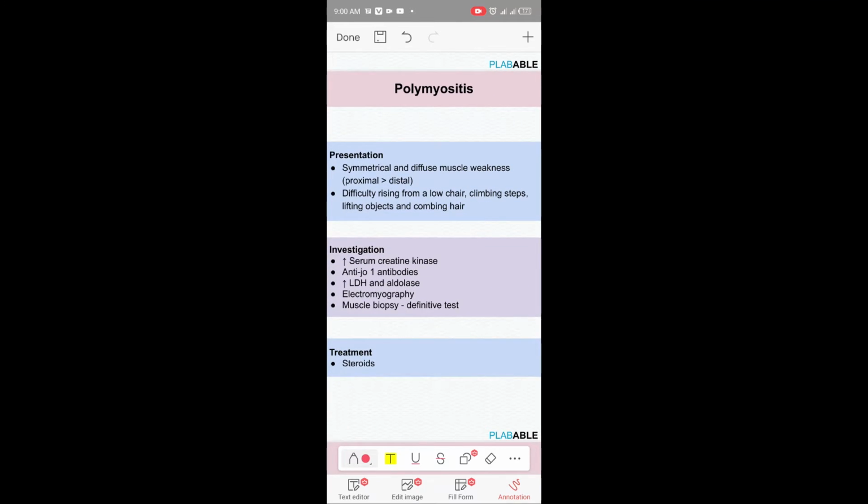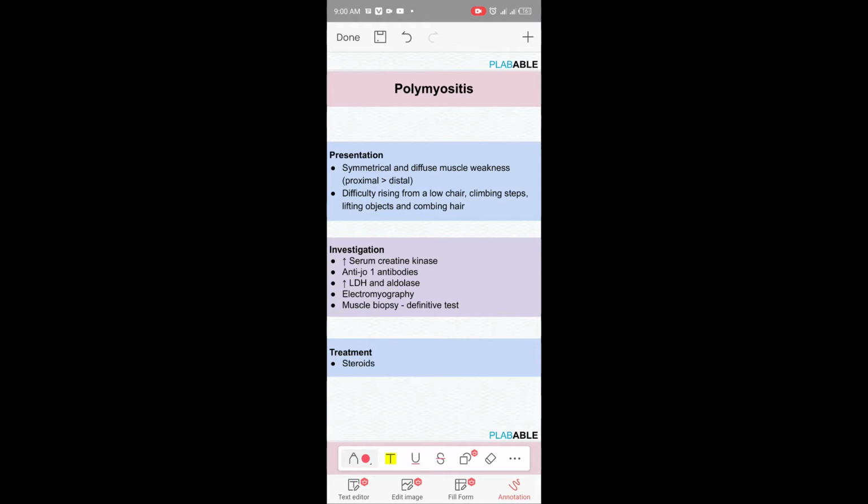Okay, now comes polymyositis. So what is polymyositis? You can guess from the name itself that it is related to the muscles. This is actually an inflammatory myopathy.